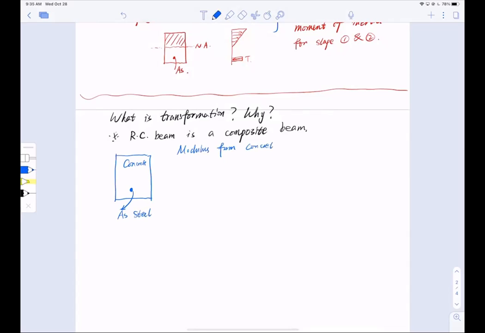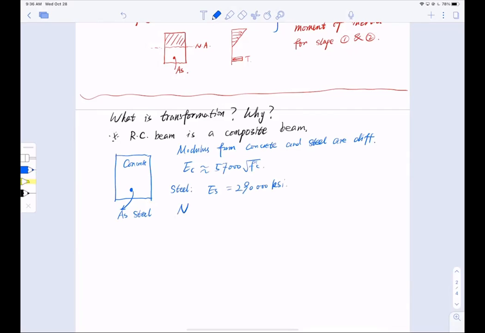Concrete and steel are different. How much difference? For example, concrete Ec is roughly equal to 57,000 square root f'c, but for steel, Es is a constant, and it could be higher than 29,000 ksi.